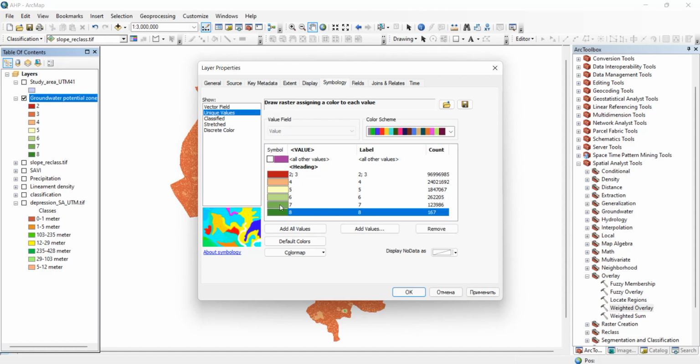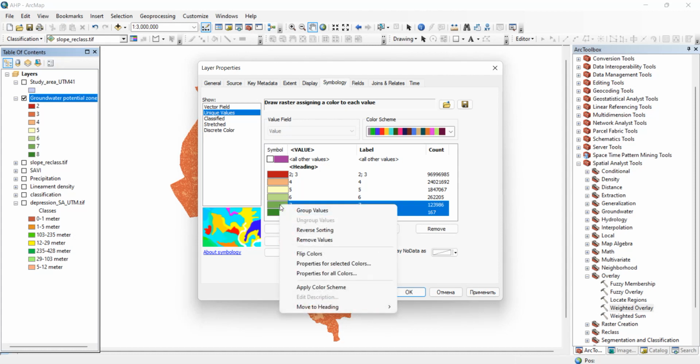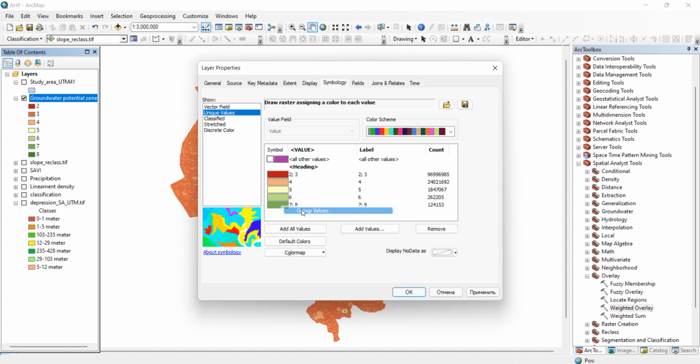The same thing I will do with these highest probability classes 7 and 8, by pressing Ctrl, right click of mouse, group values. So I will write this very low. This will be low.